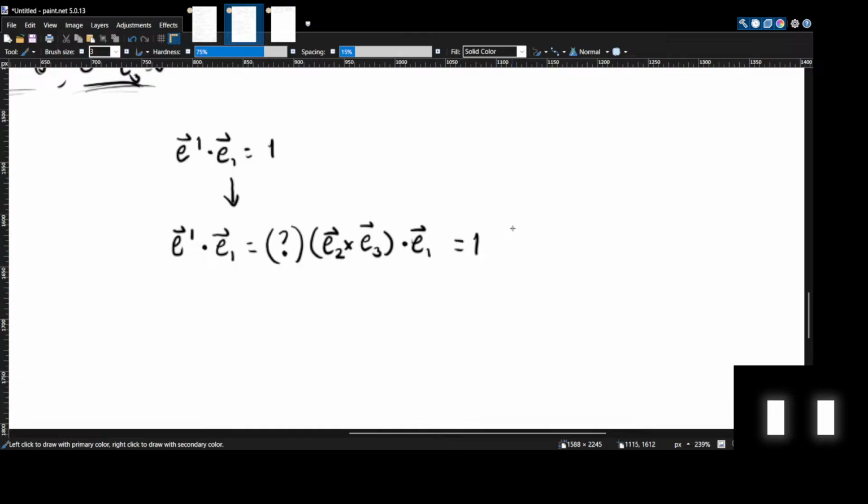Now, how do we make this expression equal to 1? There's only one thing that we don't know about this expression. Well, we just make this question mark equal to this whole expression. That way it is guaranteed to be equal to 1.